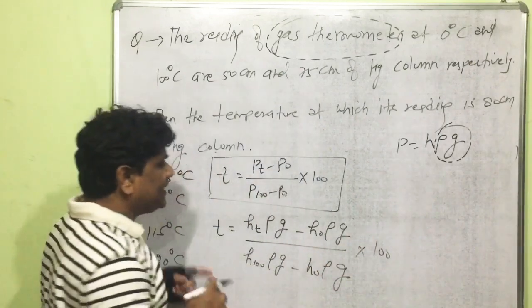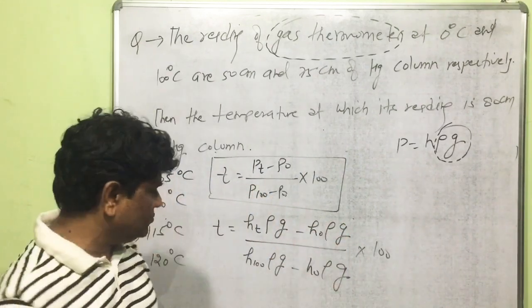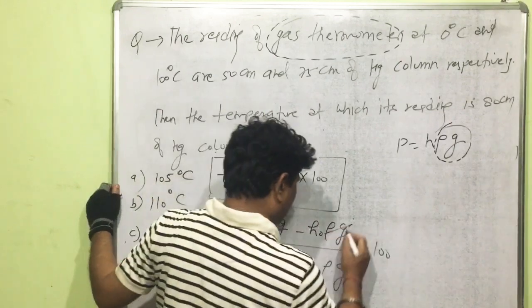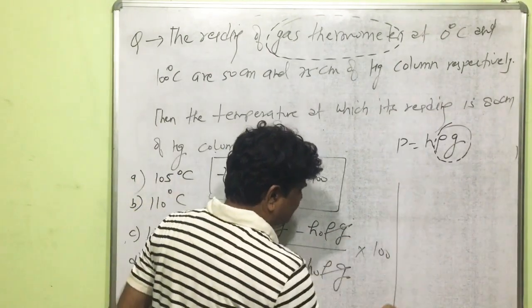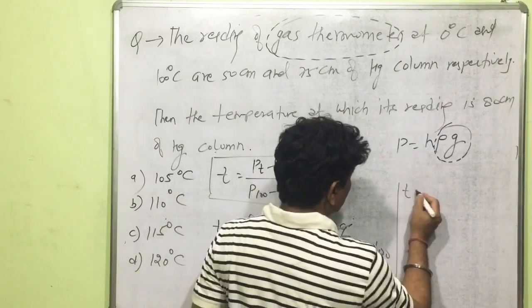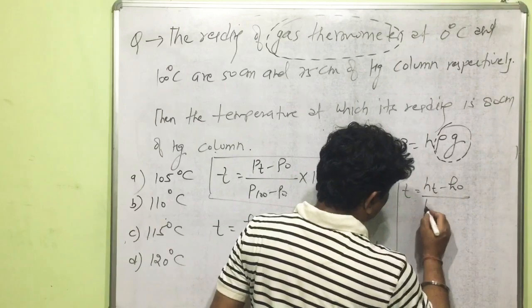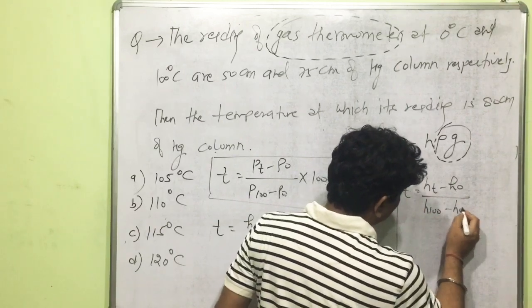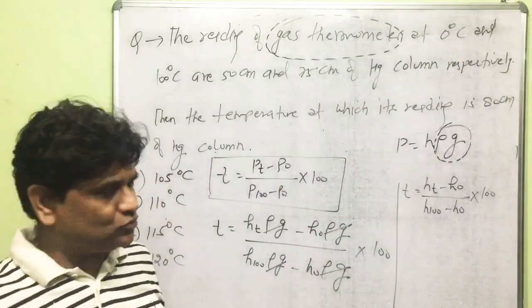I repeat again, keeping density of mercury constant, gravity is already a constant value, so rho G will be cancelled. And if rho G cancels, one important relation will become here: T is equal to Ht minus H naught by H100 minus H naught into 100. So this will be the required relation to solve the question.